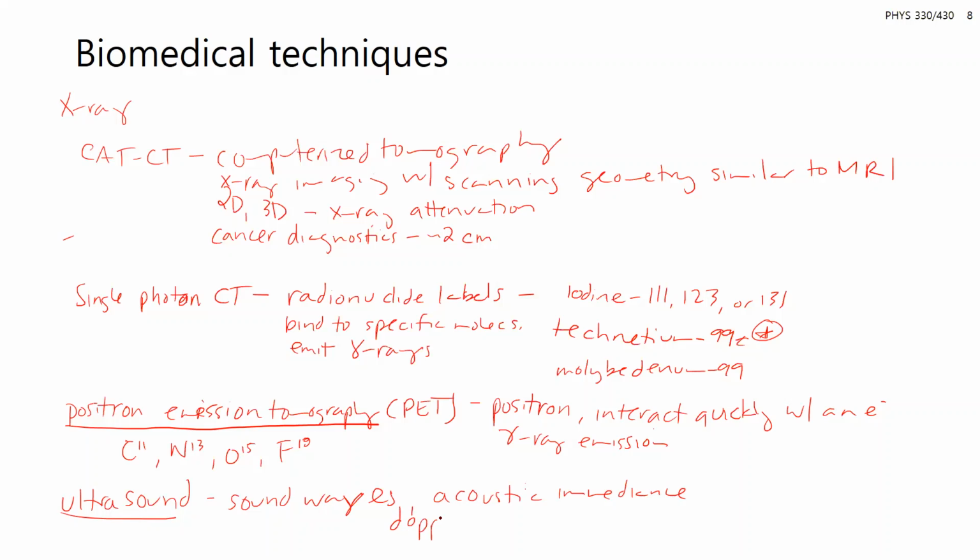There's Doppler ultrasound, where you're also not just looking at the impedance, you're looking at the wavelength change due to the Doppler effect as that travels through tissues. So these are imaging methods applied at the animal or human level in medical biophysics that you might see come up. And especially over in biomedical engineering, you'll also see these methods show up as well.